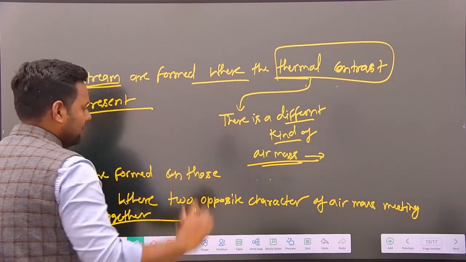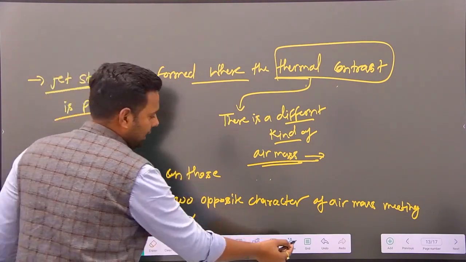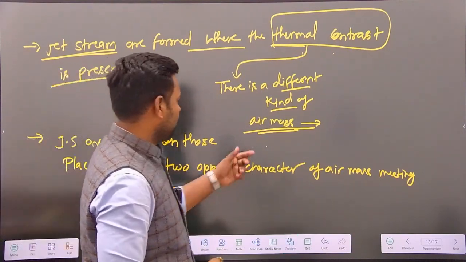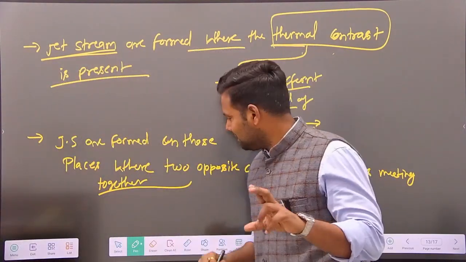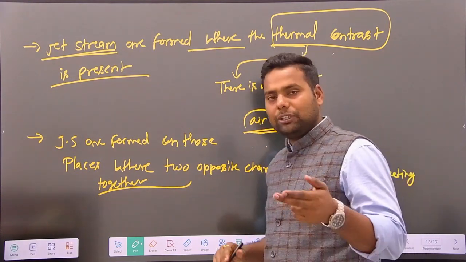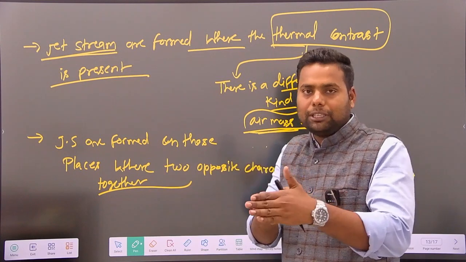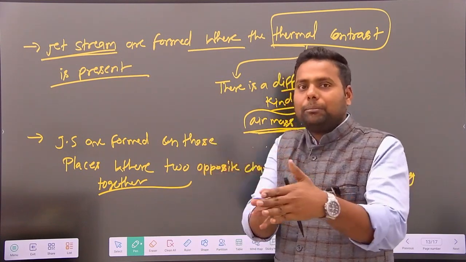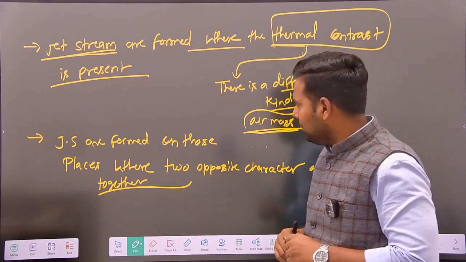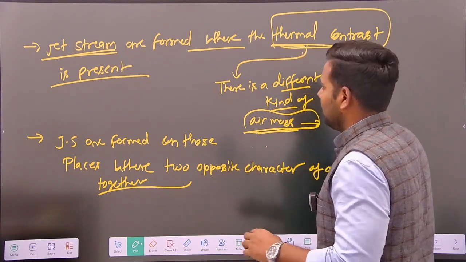I hope this point is also clear, because of what air mass means here. The focus is on the air mass which has a different temperature and humidity from the air mass on the other side. There is a thermal contrast.